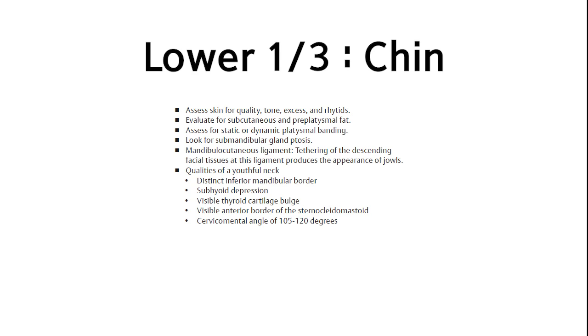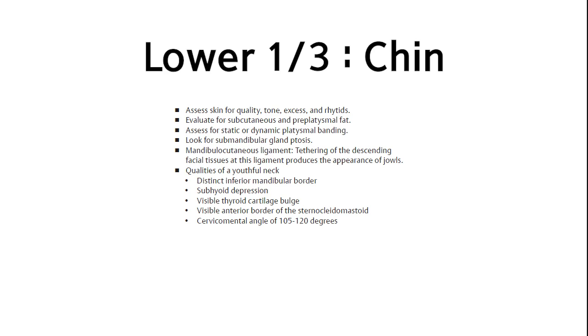Moving on to the neck region, we have to assess the skin for quality, tone, excess, and skin laxity as usual. Evaluate for subcutaneous and pre-platysmal fat. Assess for static or dynamic platysmal banding. And we should look for submandibular gland ptosis.